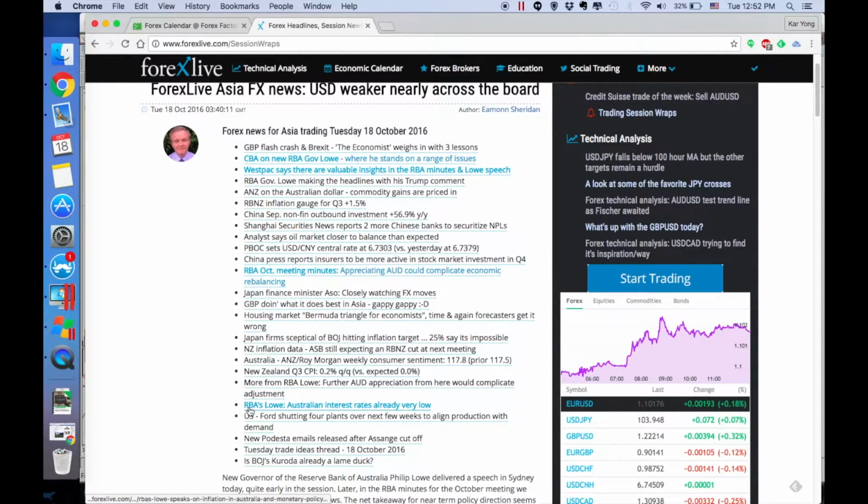And of course, over here is a positive one. The RBA governor said that the Australian interest rate is already very low. So it's giving some hint to the market that it's very difficult for the RBA to have another rate cut in 2016 at least. But if you read into the monetary policy statement, how they make a certain decision is always still based on economic performance.